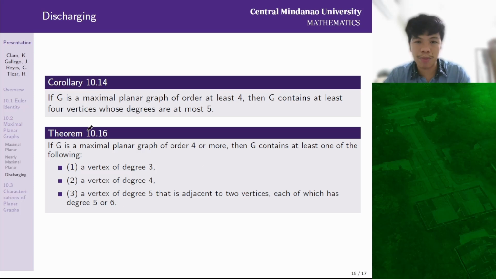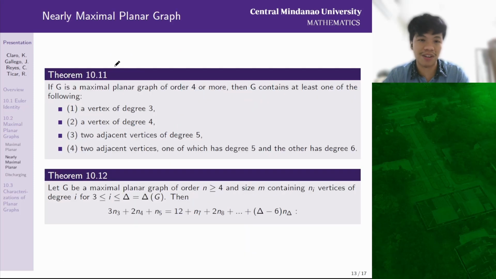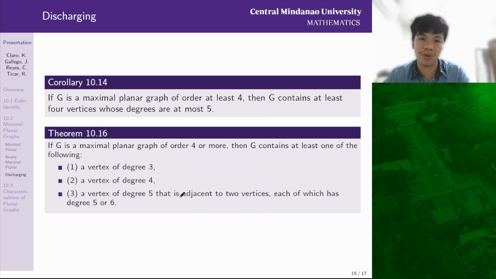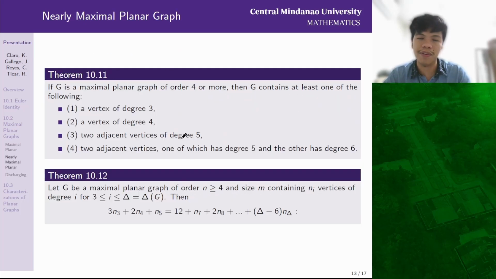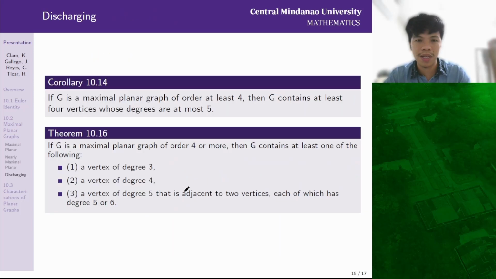And some of you may have seen that we do not have theorem 10.15 because it is actually exactly the same as 10.11, and it also uses the concept of charging and discharging in the proof. So unlike 10.11, its method of proof is different. Theorem 10.15 is shown using the concepts of charging and discharging.